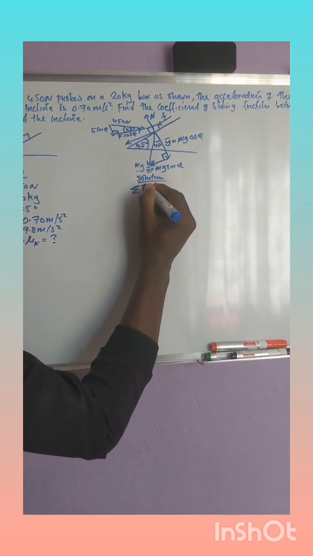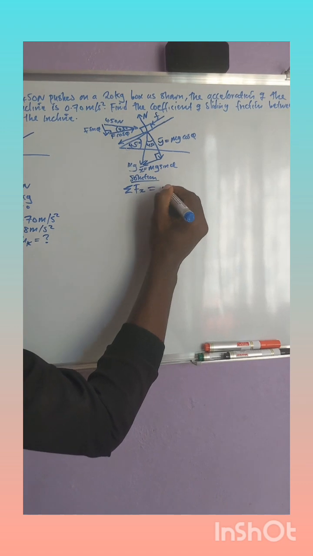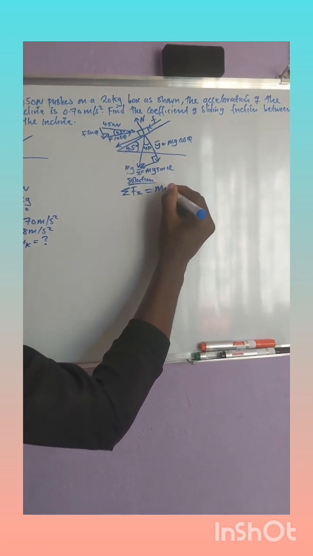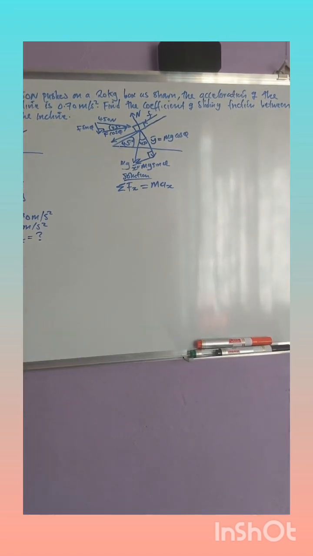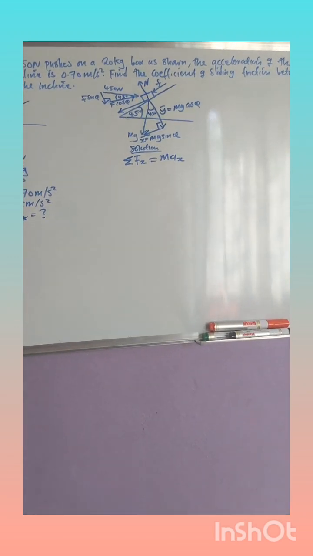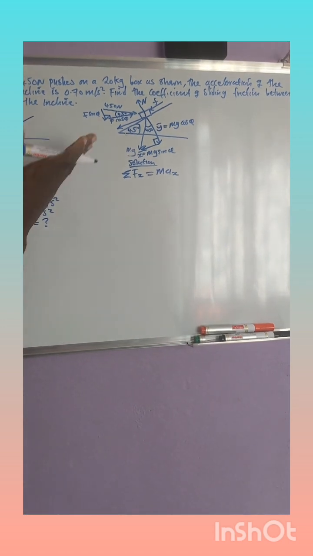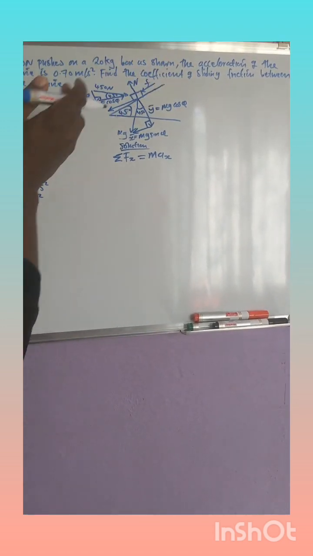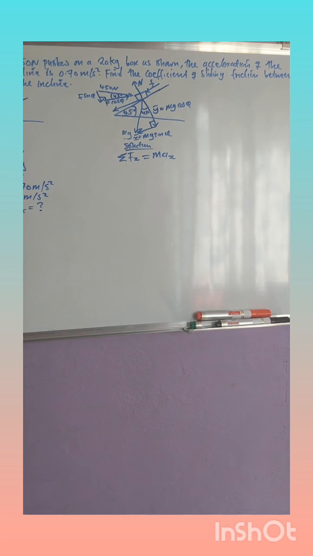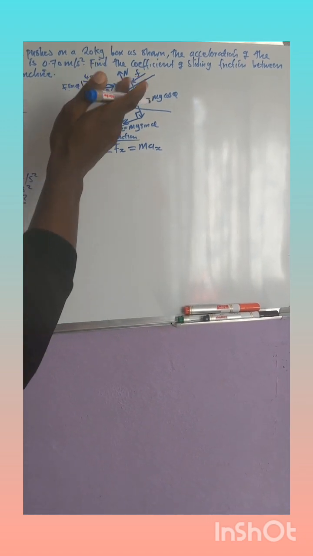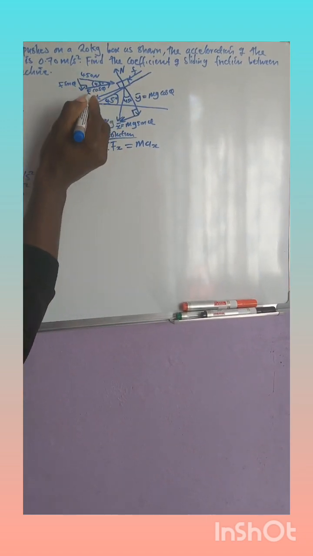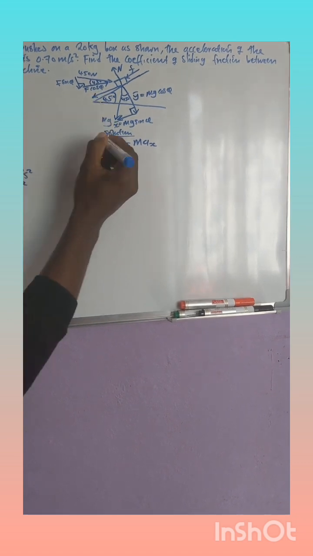The summation of forces in the x-axis is equal to mass times the acceleration in the x-axis. Now, what forces are acting in the x-axis? We have a force which is pushing the box forward and the opposing forces. The force pushing the box forward is F cos theta.